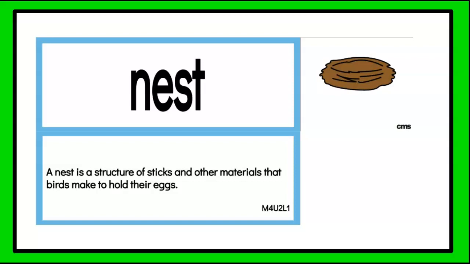We're going to add this to our bird word wall. A nest is a structure of sticks and other materials that birds make to hold their eggs. How many syllables are in this word? Nest. Right. Nest. I clapped one syllable.